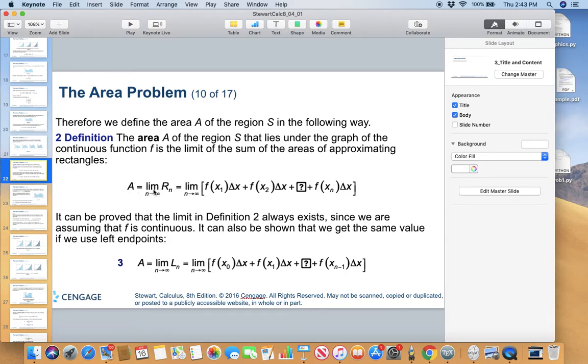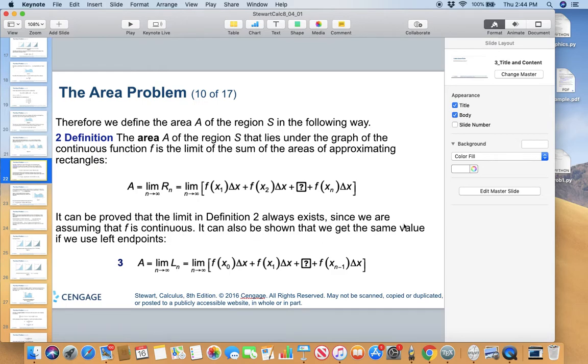A equals the limit as n approaches infinity of Rn, which equals the limit as n approaches infinity of f(x1) delta x plus f(x2) delta x plus dot dot dot plus f(xn) delta x. It can be proved that this limit, which is the definition, always exists if your function is continuous.